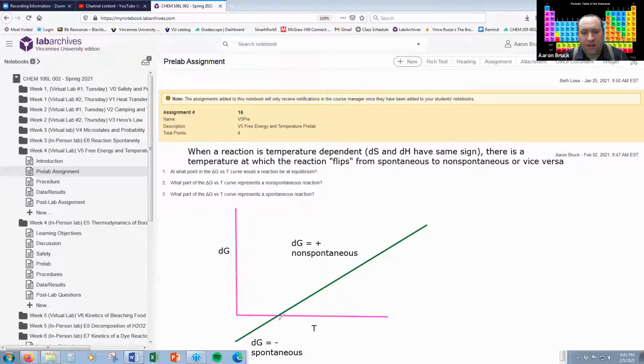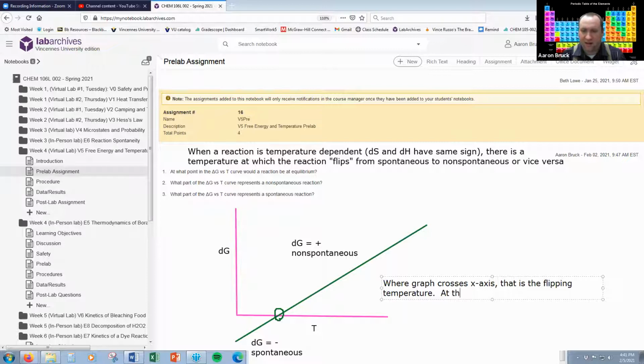Now, this flipping temperature has a special designation associated with it. Where the graph crosses the x-axis, that is the flipping temperature.